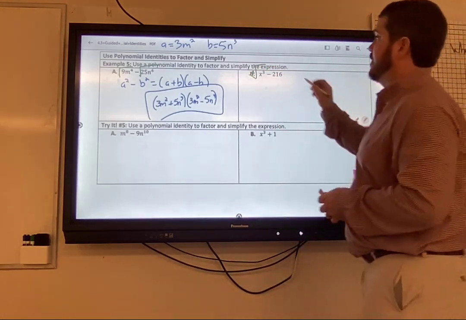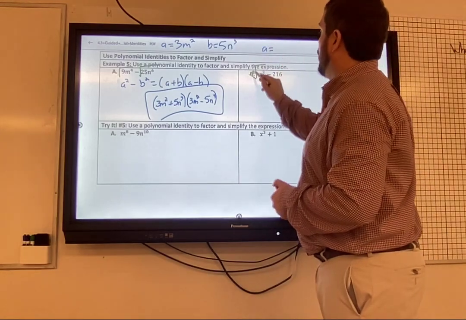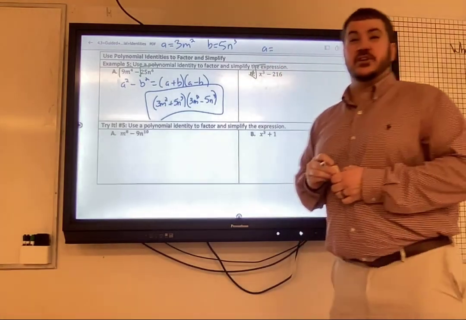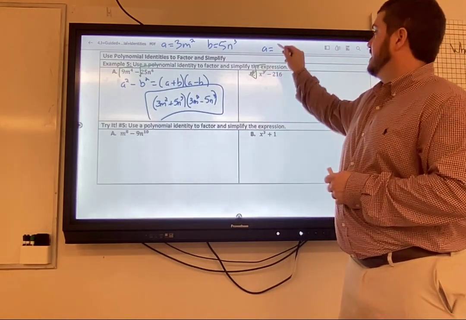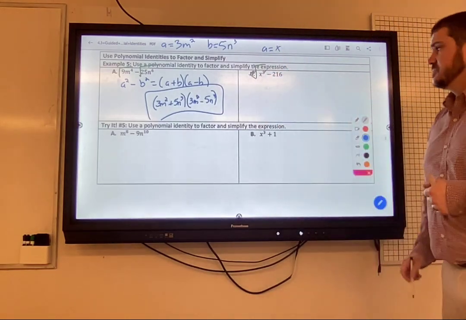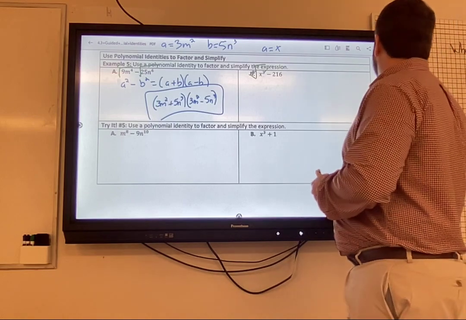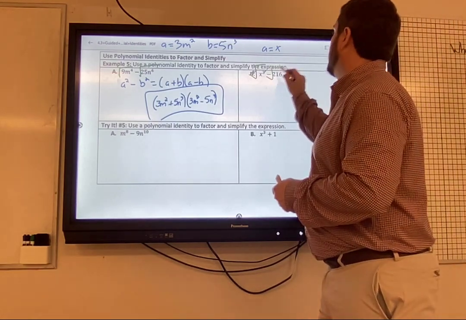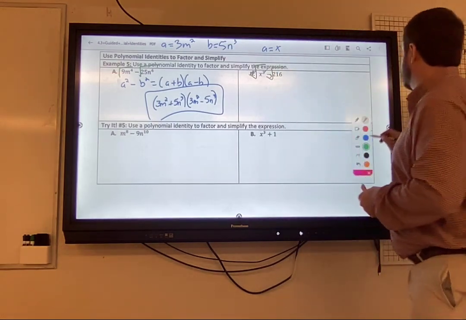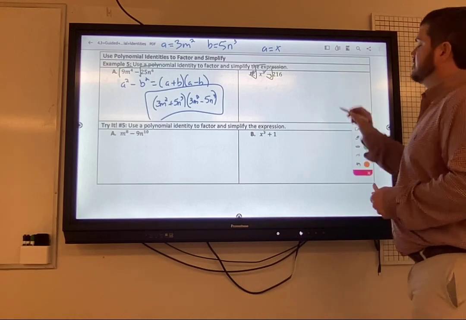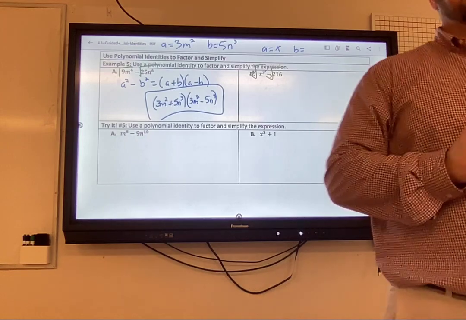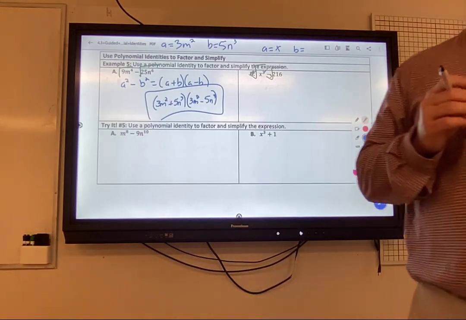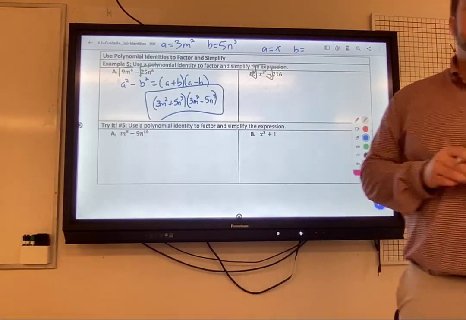All we're trying to do is figure out what A is. What do you think happens when you cube root x cubed? Just x. The cube root of 216. Again, I'll give you this list. The cube root of 216 is 6.